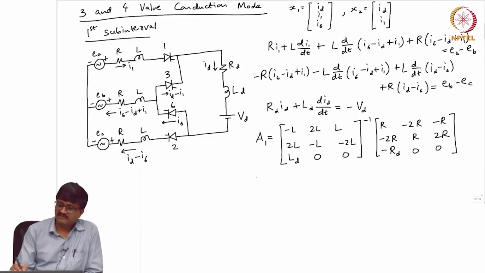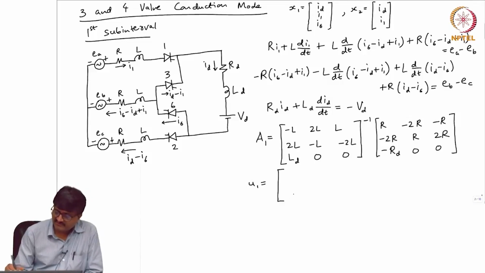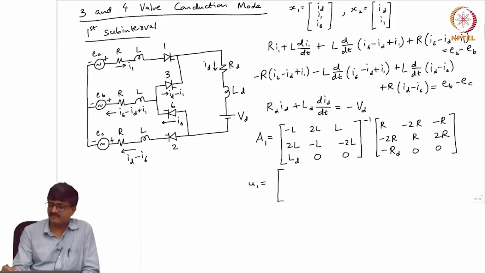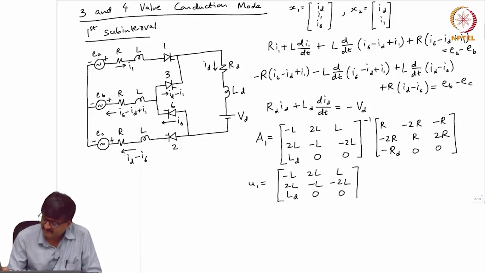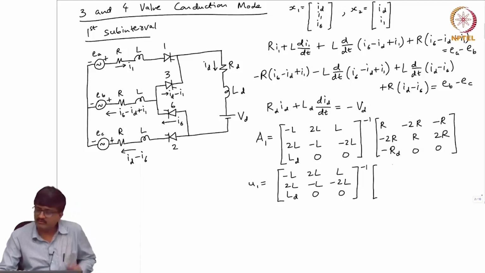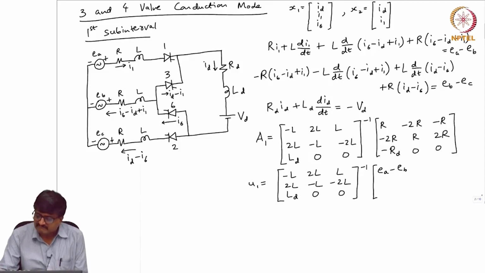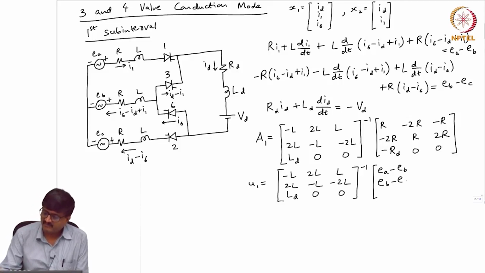This is A1. And U1 is the same first factor that appears in A1, that is the inverse of [minus L, 2L, L; 2L, minus L, minus 2L; LD, 0, 0], into [EA minus EB, EB minus EC, minus V].